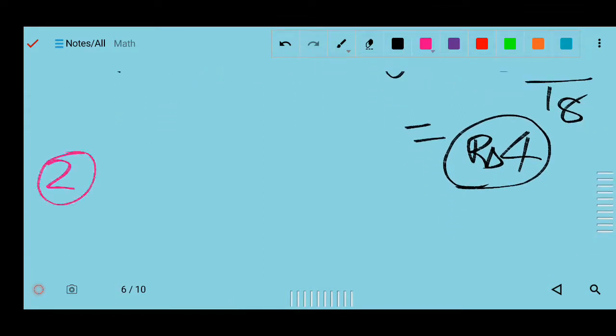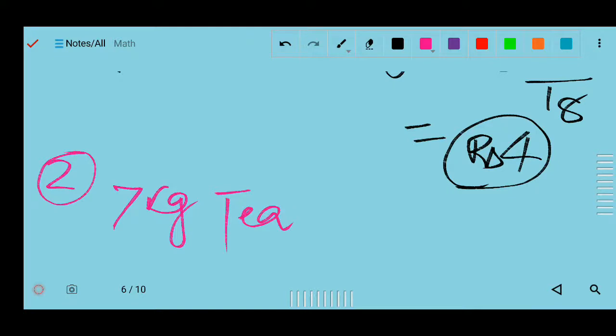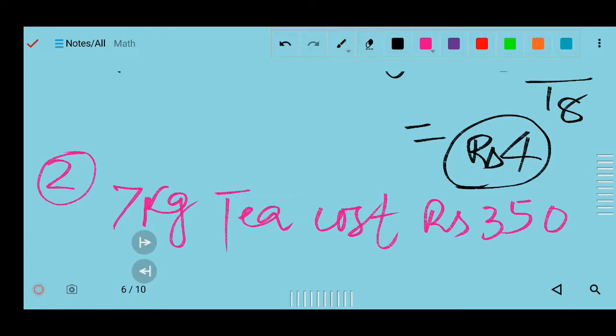First we write 7 kg tea costs rupees 350. First of all we will find the cost of one, because in the unitary method we always first find the cost of one quantity.